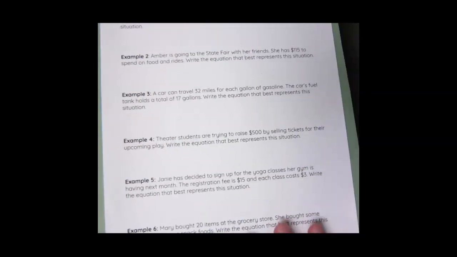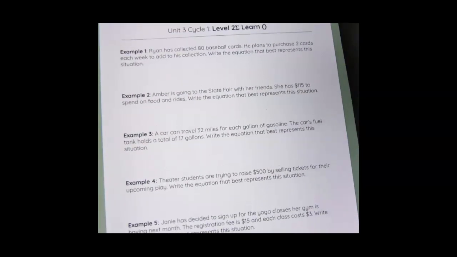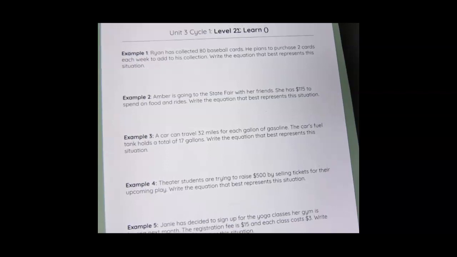So flip it over, level 2, sigma learn. Ryan has collected 80 baseball cards. Let's look at example 1. Ryan has collected 80 baseball cards. He plans to purchase 2 cards each week to add to his collection. Write the equation that best represents this situation.